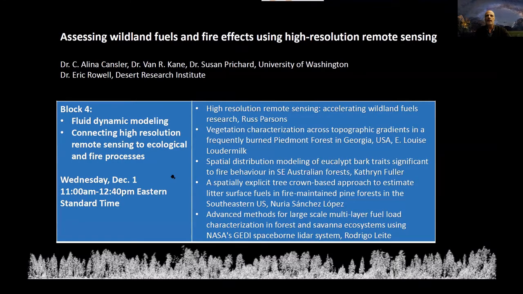Then tomorrow in block 4, we have talks covering a couple of different topics. One is how to tie what is measured in very high resolution remote sensing to fluid dynamic fire modeling. And then the second is connecting high resolution remote sensing to ecological fire processing, so at a larger scale.